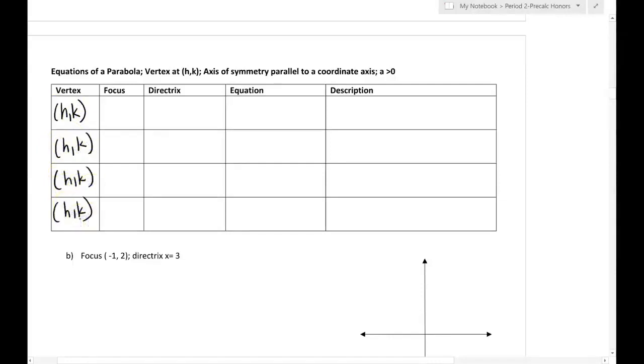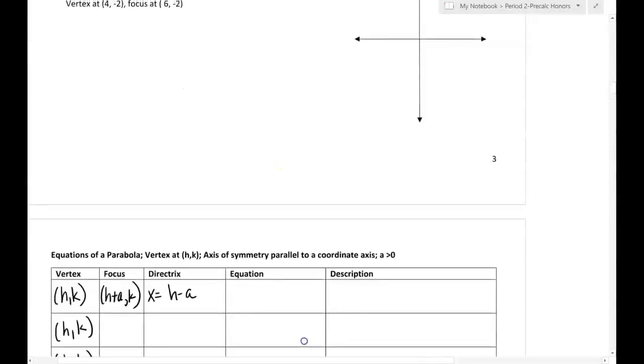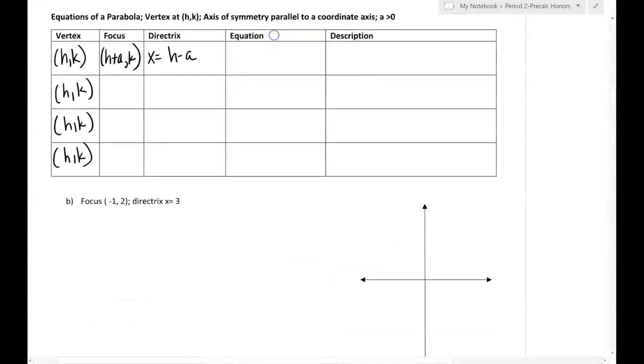Okay, now you will have a focus. The focus is going to be h plus a, k. You will have a directrix, x equals h minus a. And remember, it will make more sense if you do the vocabulary and the example above, okay?